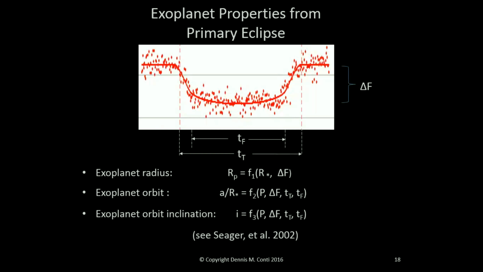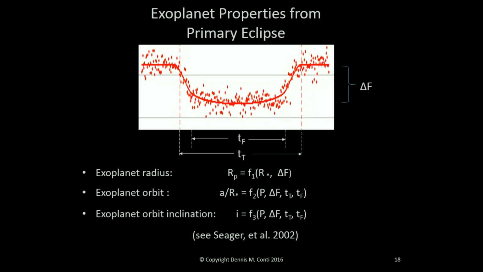And finally, if we look at some of the properties of an exoplanet itself, there's a number of relationships as well. First, however, the important thing to note is that there are two types of eclipses that take place with an exoplanet transit.